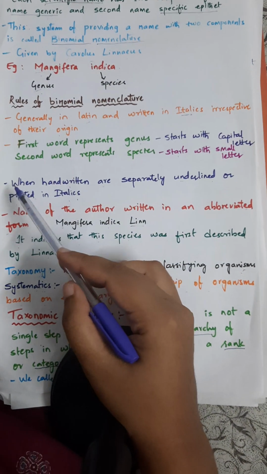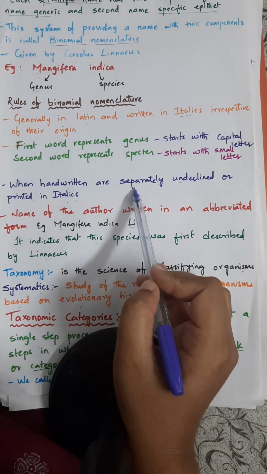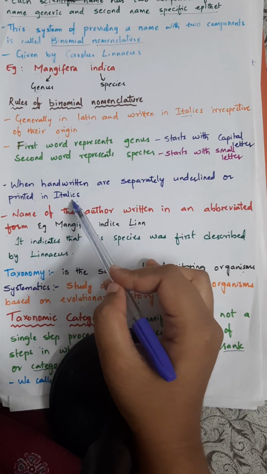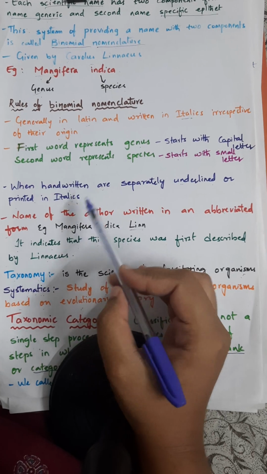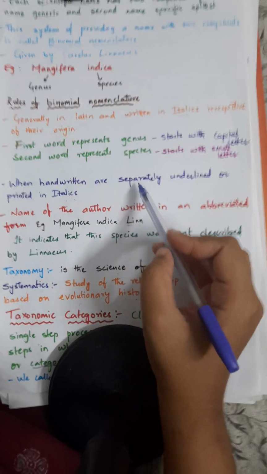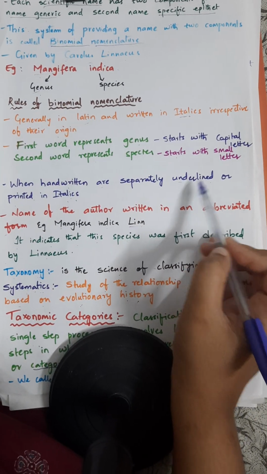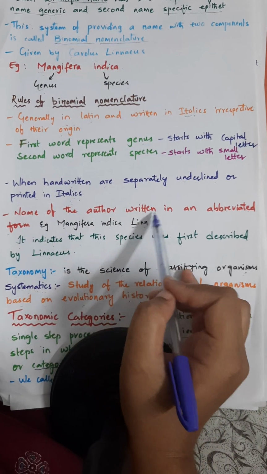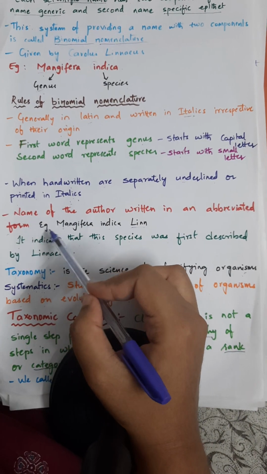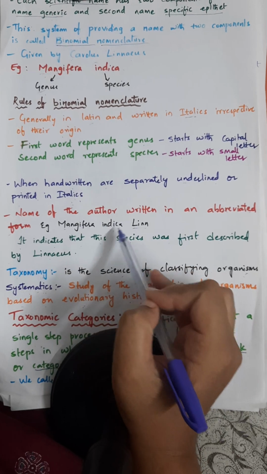When handwritten, they are separately underlined, or printed in italics. Whenever we write a scientific name by hand, we should separately underline it, or it should be printed in italics. The name of the author is written in abbreviated form. Example is Mangifera indica Linnaeus.